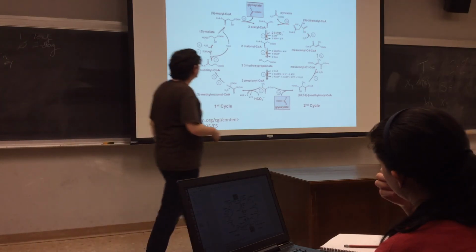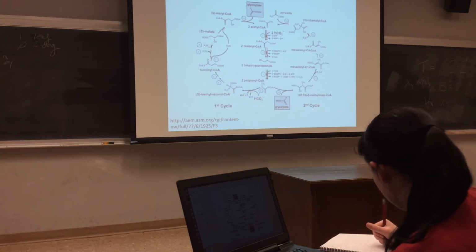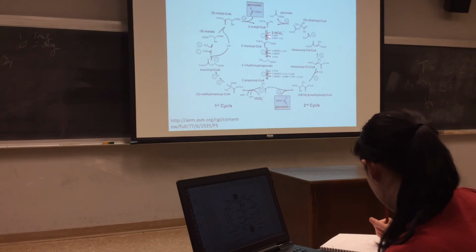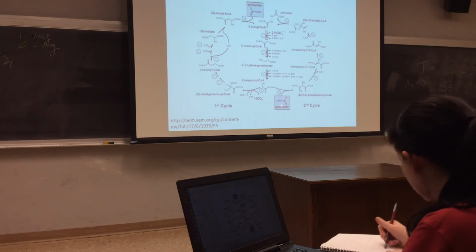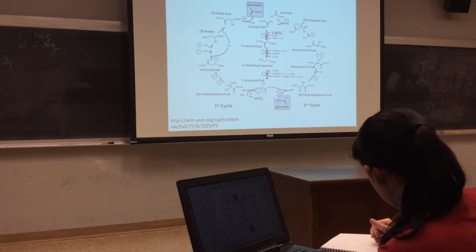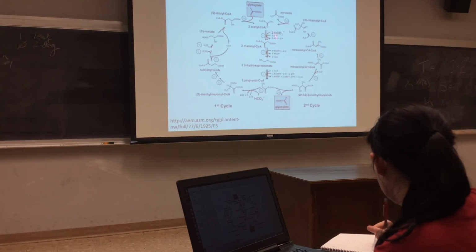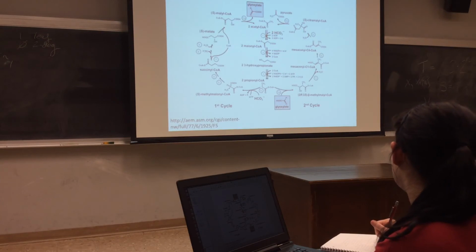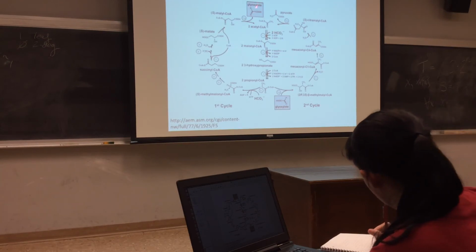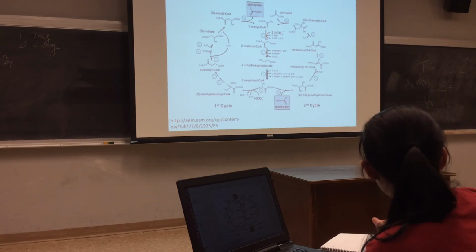Now, in some ways, counting in the bicycle is very, very difficult. 2 CO2s come in to become glyoxylate. 2 CO2s come in to be glyoxylate. So 1 plus 1 to 2, there we go, sorry.